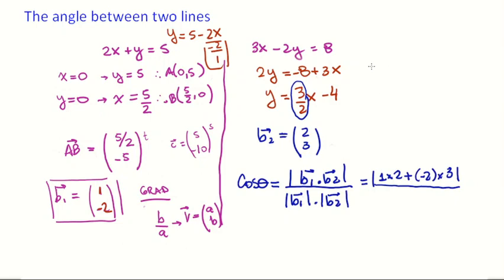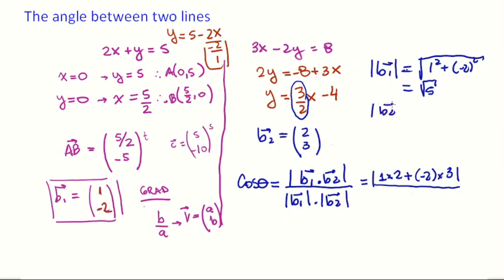Now magnitudes, let's work them here. So b1 would be root of 1 squared plus negative 2 squared. I'm just putting all of it here so you know where those numbers come from, because sometimes you get lost. So 1 squared plus negative 2 squared, that's root of 5.